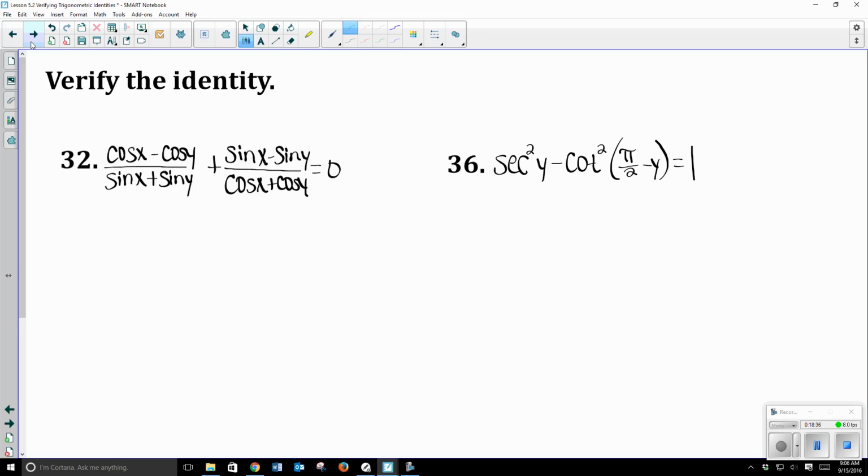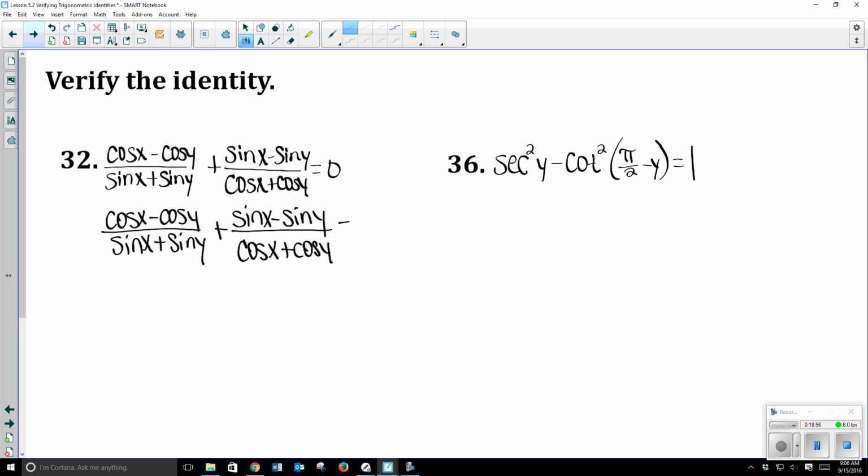Number 32. Be careful not to mix your x and y's up. Common denominator.